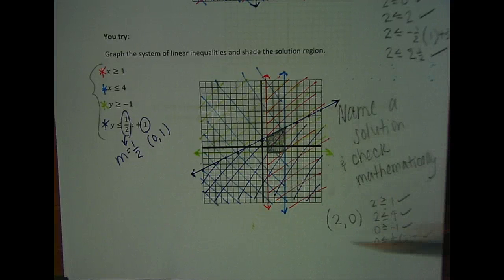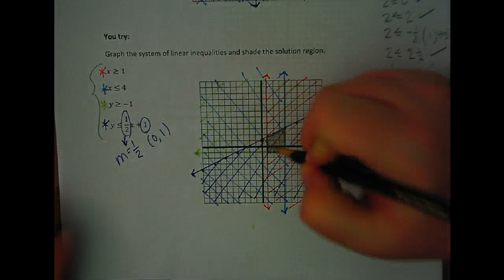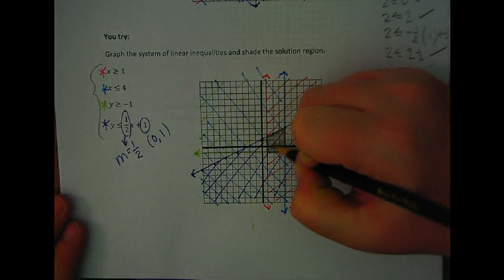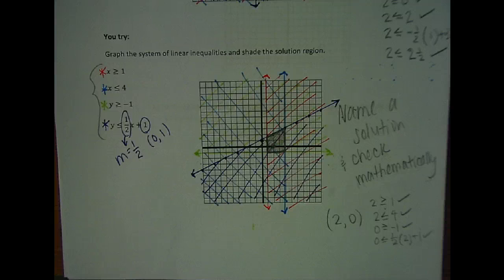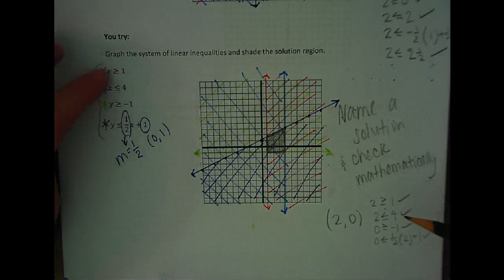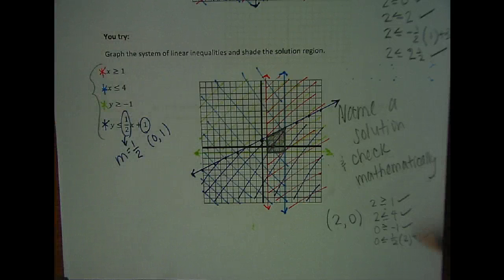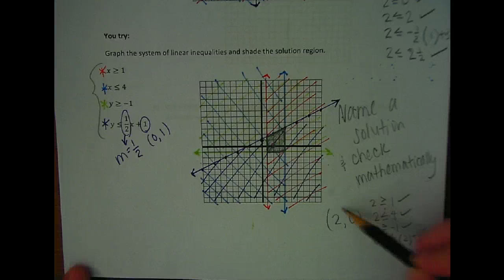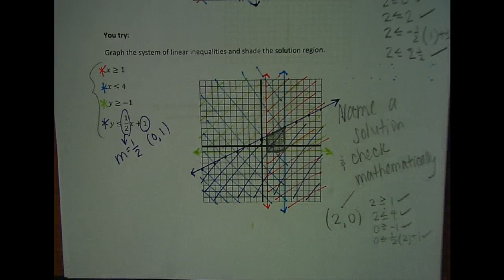I named the solution (2, 0), which is right here, as being in that solution region, and I checked it by putting 2 in for x and a 0 in for y in each of the inequalities, and it checked out. So this is in fact a solution to this system of linear inequalities.